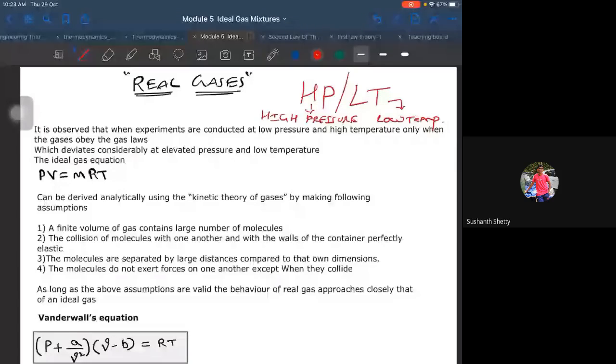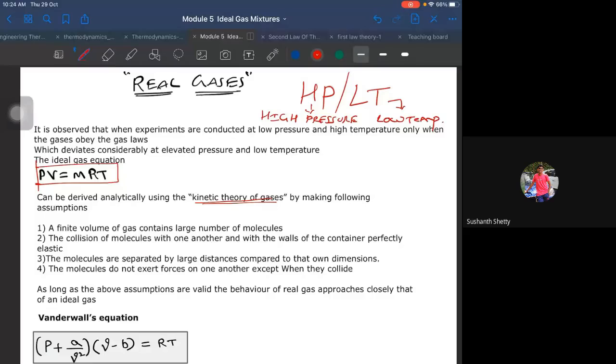See, this particular equation, PV equals nRT, which is the ideal gas equation, is derived by the kinetic theory of gases. This kinetic theory of gases you have learned in your second PU, where it comes in the chemistry subject, and most of you, I guess, derived this equation.